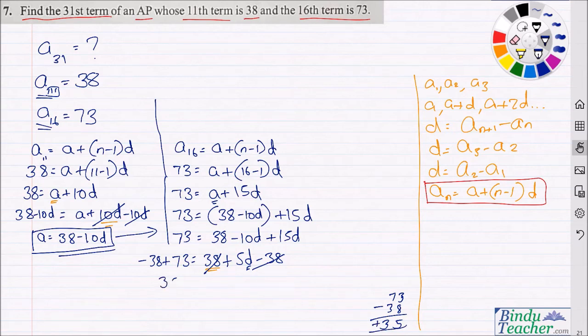So we have 35 equals 5d. Now I want to remove the d, so I will divide by 5 on both sides to balance the equation. 5 and 5 cancel out each other. 5 into 7 equals 35. So we get d equal to 7. We have found the value of d to be 7.